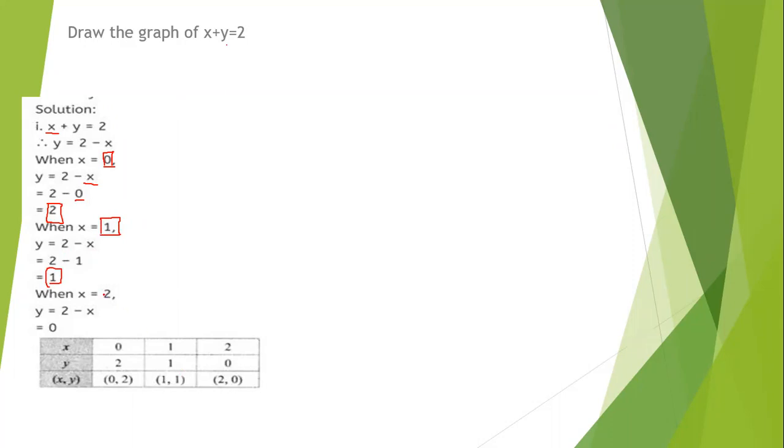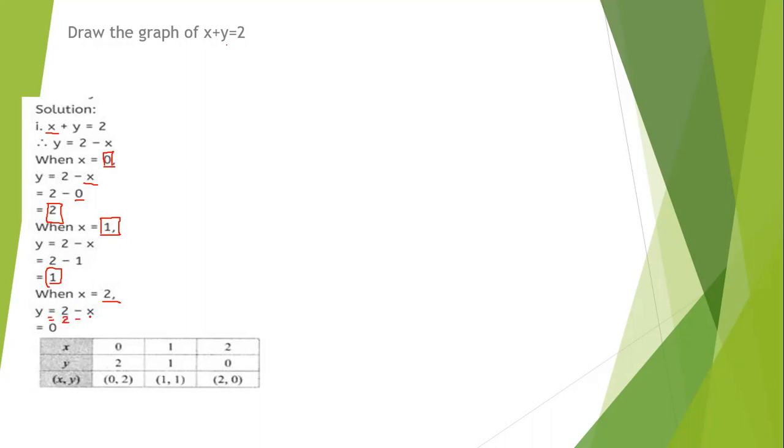Now let us assume the value for x one more time. X is equal to 2. Now we have assumed the value of x as 2 and we will find the corresponding value of y. Let us do that. Y is equal to 2 minus x. This is the equation. Now in the next step we will write equal to as it is and this 2 we will copy as it is. Minus also we will copy as it is.